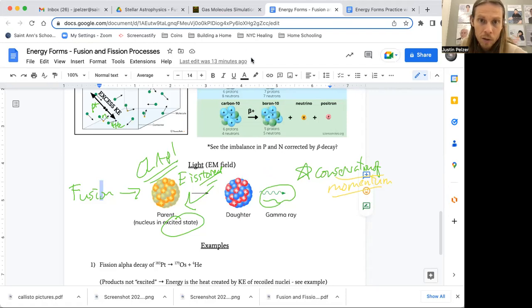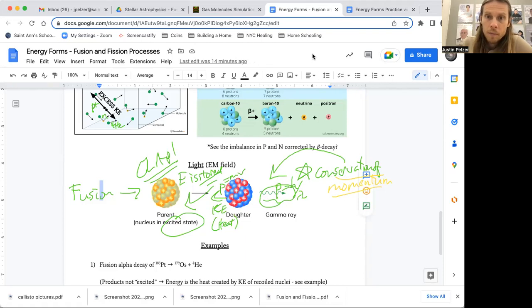This should actually go off in the other direction, where we have this go this way if this goes this way by conservation of momentum, right? Because this gamma ray has momentum in this direction, P equals h over lambda. So therefore this will have momentum and kinetic energy in the other direction, P equals mv. So this will then collide with something as well and manifest as heat.